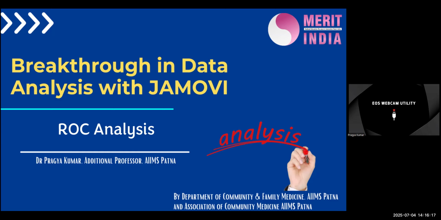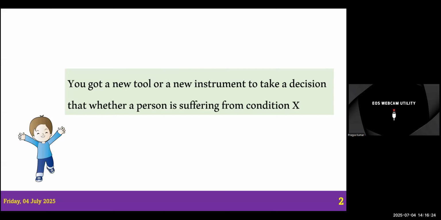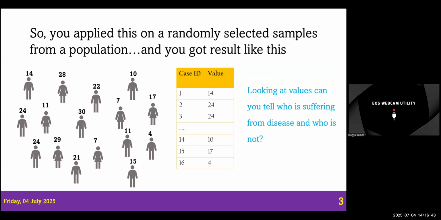Now the full form of this ROC is the receiver operating characteristics curve. So what is this ROC basically? Starting with a question: you got a new tool or a new instrument, and you have to make a decision using that tool, for example a test for whether a person is suffering from a condition, let's say X. You applied this test on a randomly selected sample and got these values.